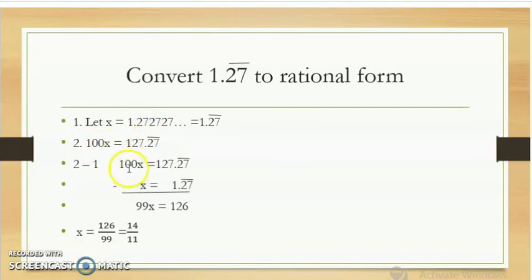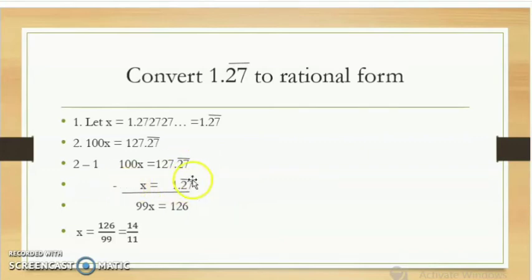So the second equation we have 100x is 127.27 bar. The first equation is x is 1.27 bar. So again we have made the digits after the decimal point the repeating digits, and the decimal point the same.